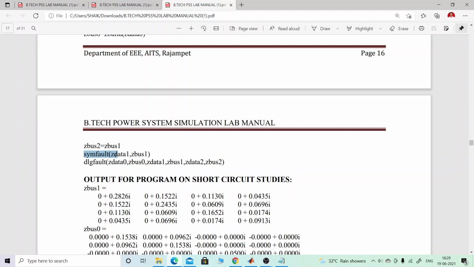For the DLG fault, double line to ground fault, there exist the zero sequence, positive sequence and negative sequence components, so we include all the sets of values: Zdata0 comma Zbus0, Zdata1 comma Zbus1, and Zdata2 comma Zbus2. So now you go for executing this in MATLAB.